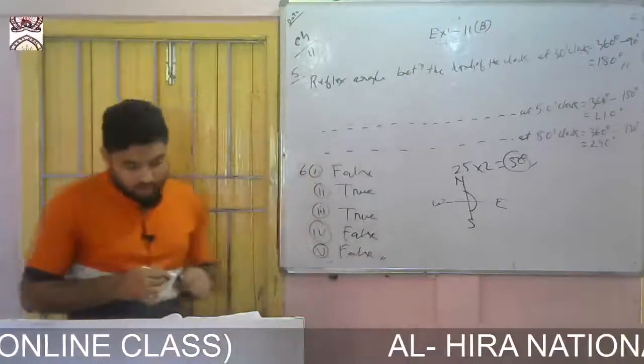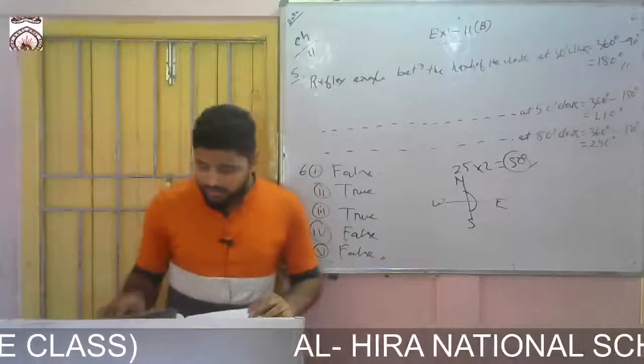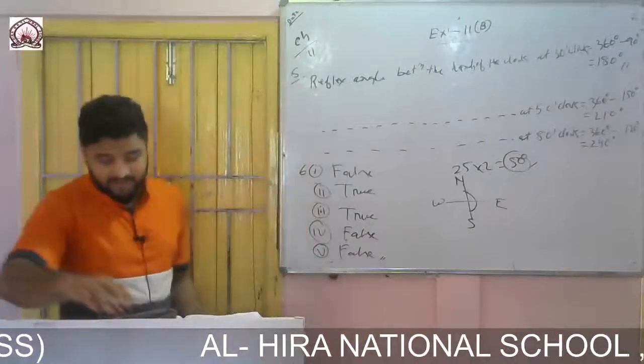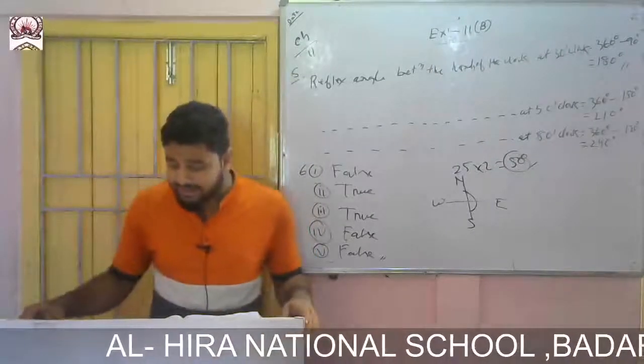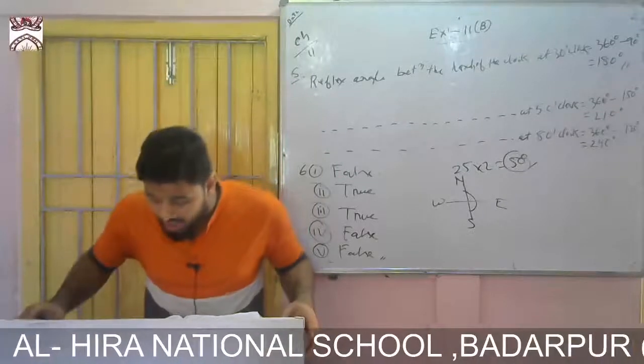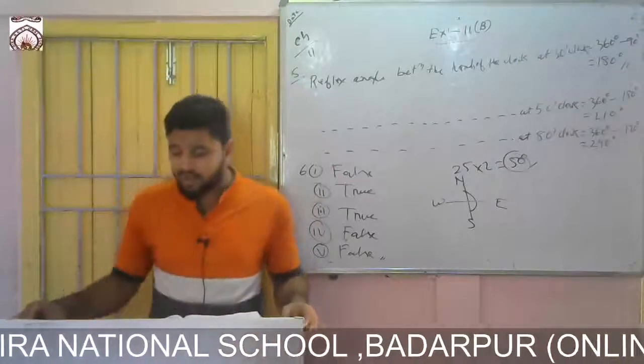Okay. Now let us move to question number 12, high order thinking skill. How many times during the day do the hands of a clock form a straight line?